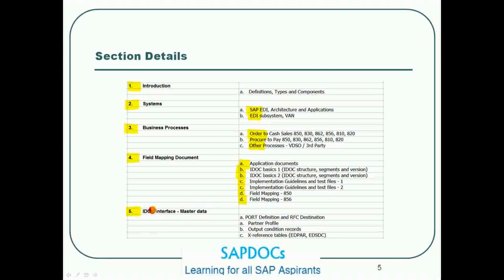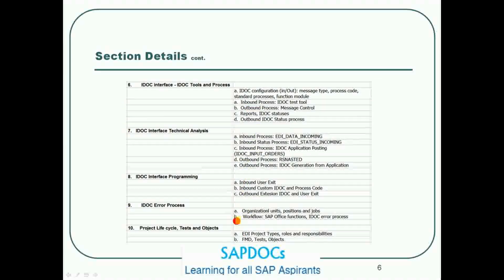In section 5, I talk about IDOC interface: master data, port definition, partner profile, output connection records, and X reference tables. In section 6, IDOC interface, IDOC tools and processes: IDOC configurations, inbound process, outbound process, reports, and outbound IDOC status process.